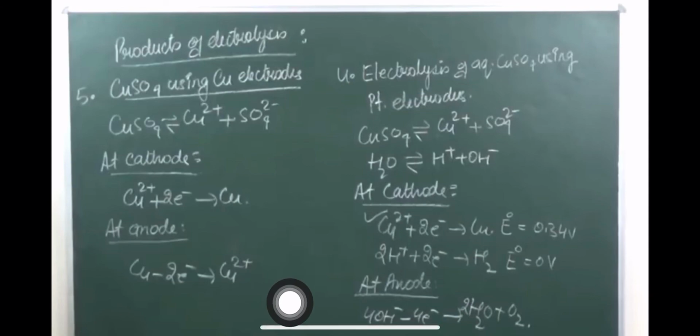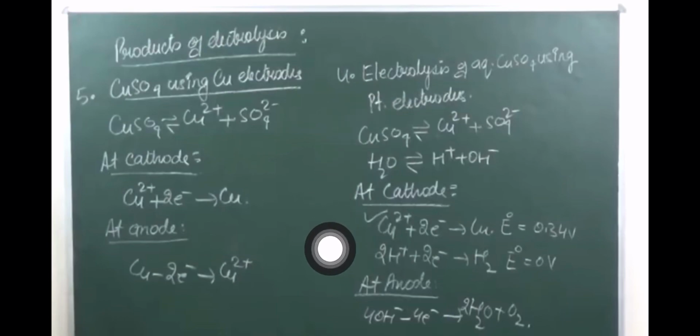You can note down all these reactions in your notebook, and they are very important, as 2 marks questions can be asked from the products of electrolysis, such as what kind of reaction will take place at anode and at cathode if electrolysis of aqueous CuSO4 is done using Pt electrode. You need to be very careful with the electrodes in case of CuSO4.